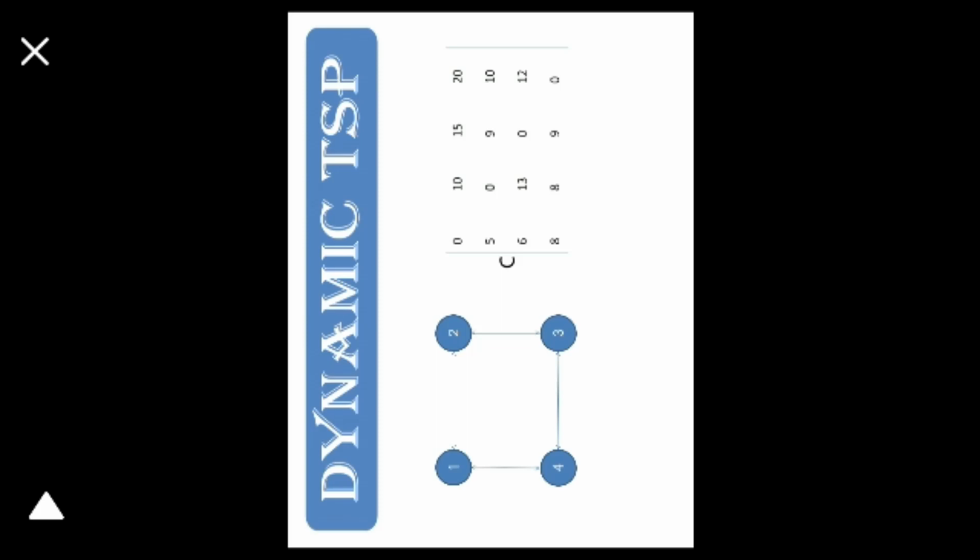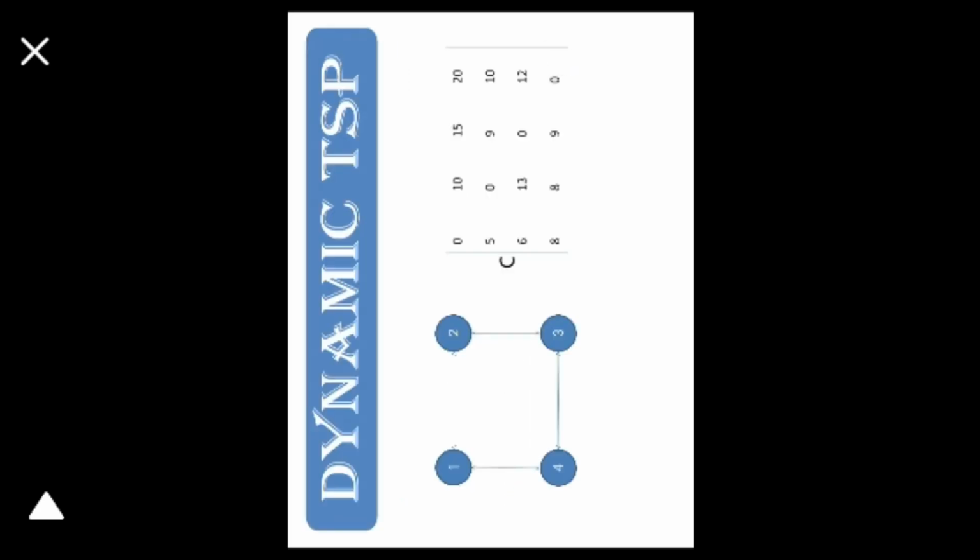So 10 plus 10 is 20. Then 4 to 3 is 9. So 20 plus 9 is 29. Then 3 to 1 is 6. So 29 plus 6 is 35. So this is my tour.